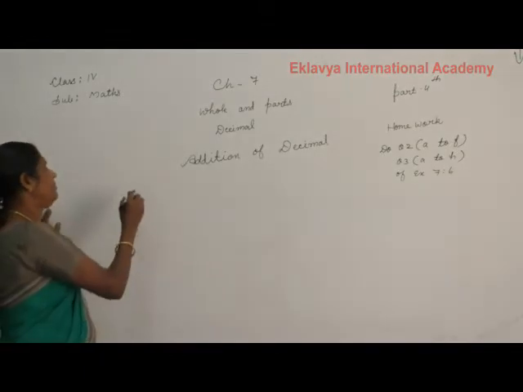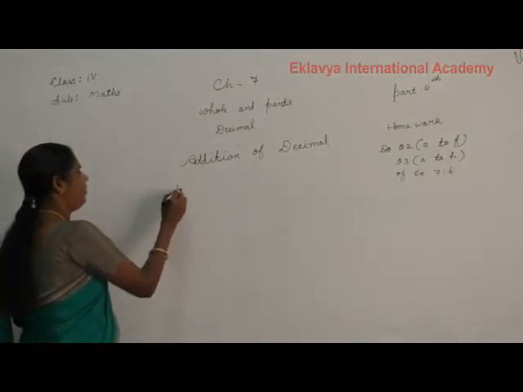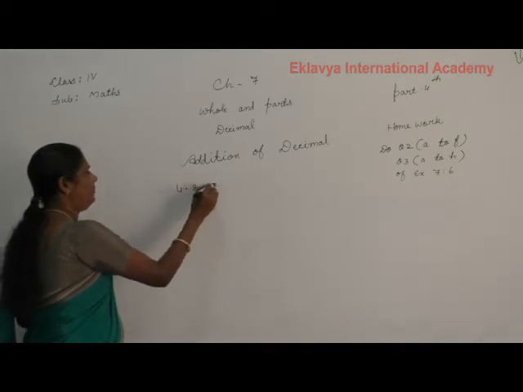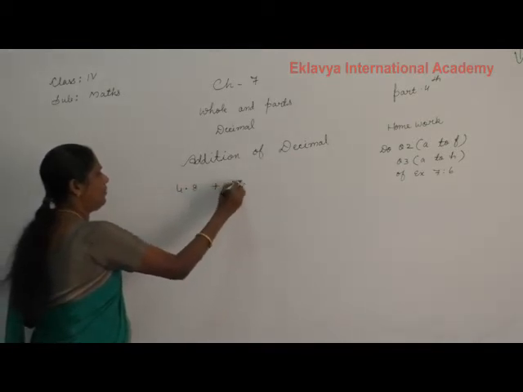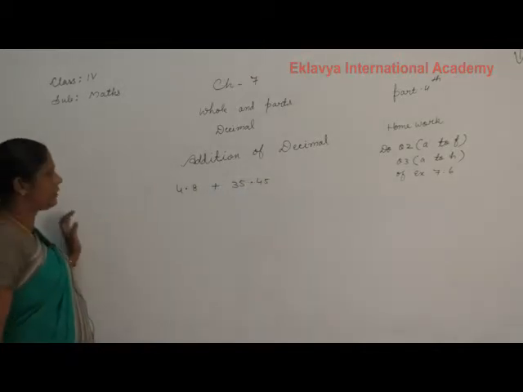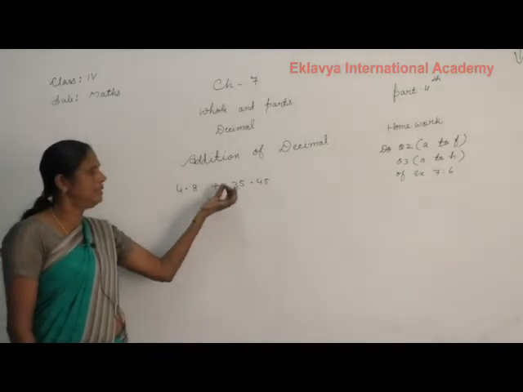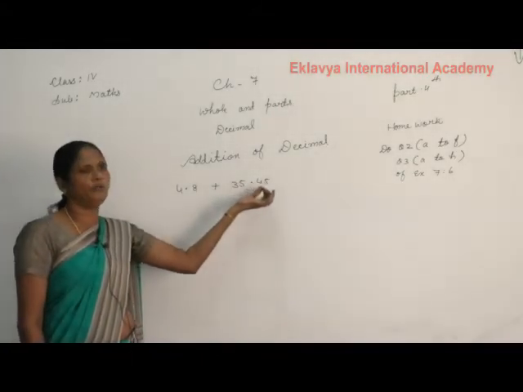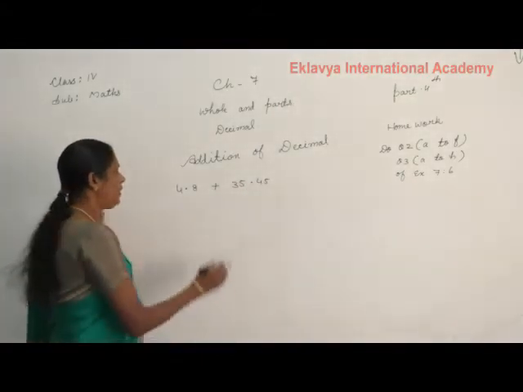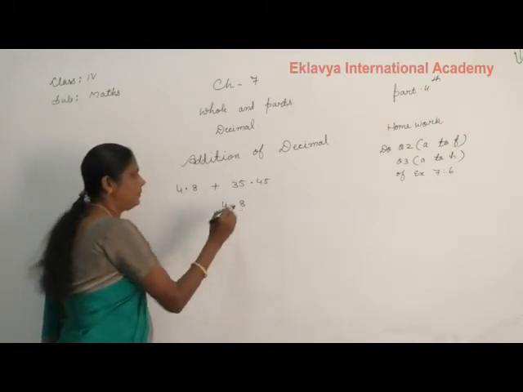For example, 4.8 plus 35.45. First you write 4.8.